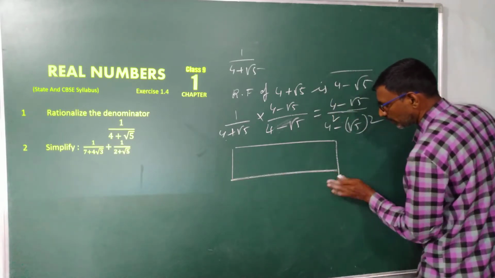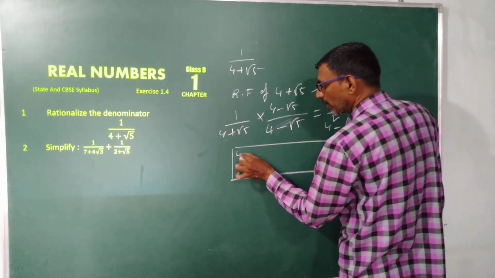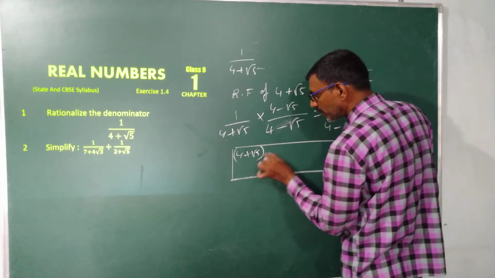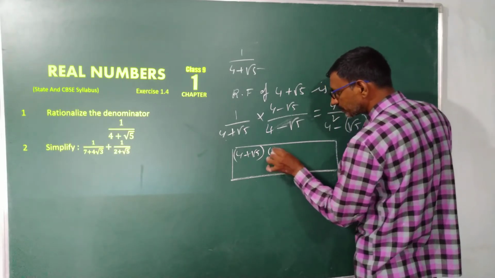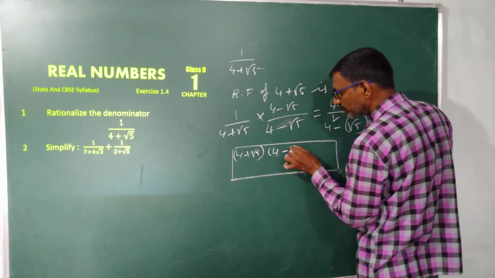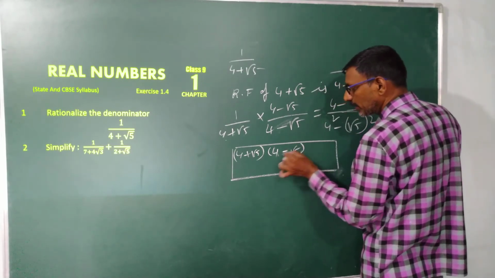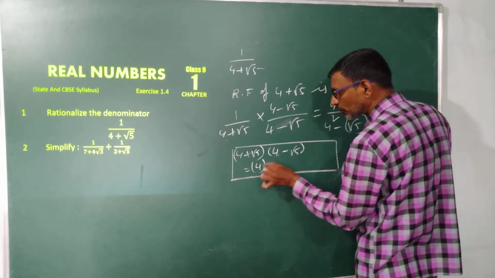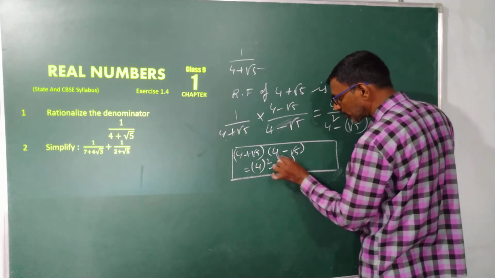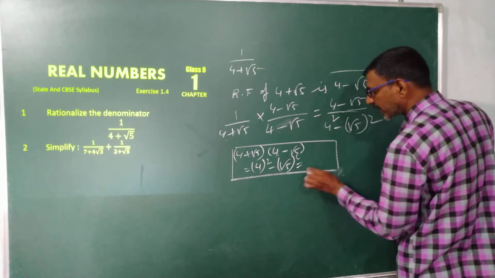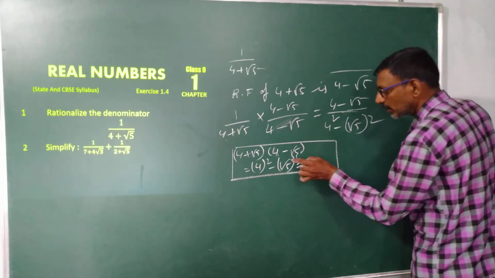I would like to solve this one in this box. 4 plus root 5 into 4 minus root 5 is equal to 4 square minus root 5 whole square. 4 square is nothing but 16 minus 5.